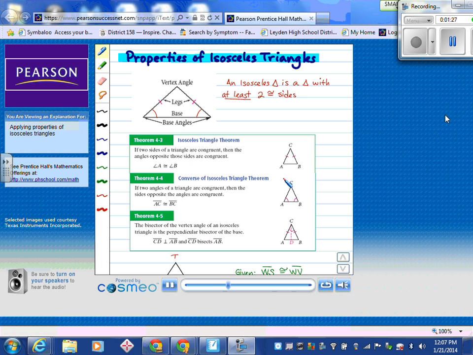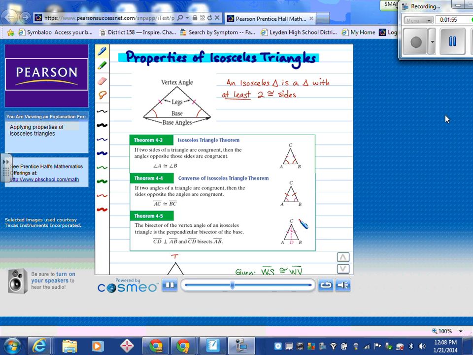So in the diagram given, AC is congruent to BC, therefore angle A must be congruent to angle B. And the converse of that is also true. If two angles of a triangle are congruent, as in the illustration, angle A is congruent to angle B, then the sides opposite the angles are also congruent, so therefore AC must be congruent to BC.